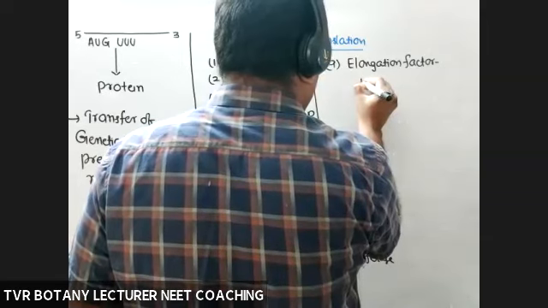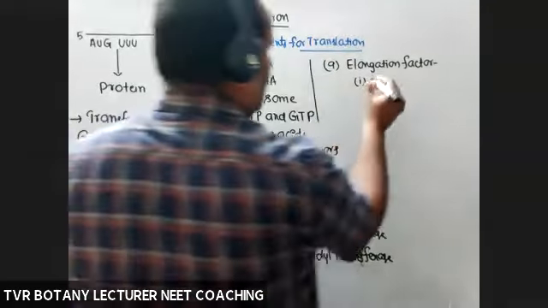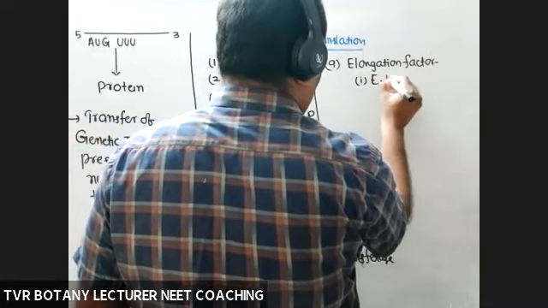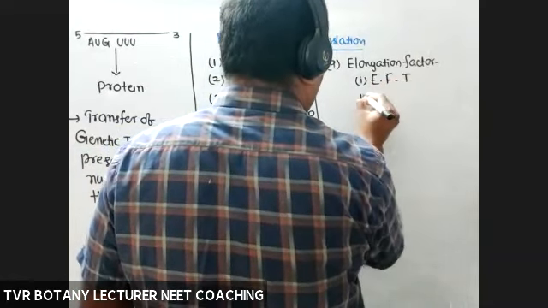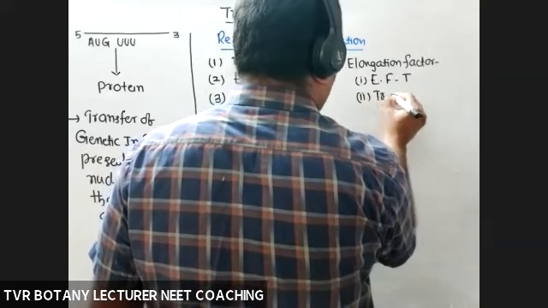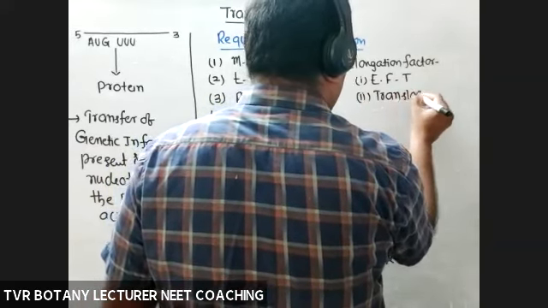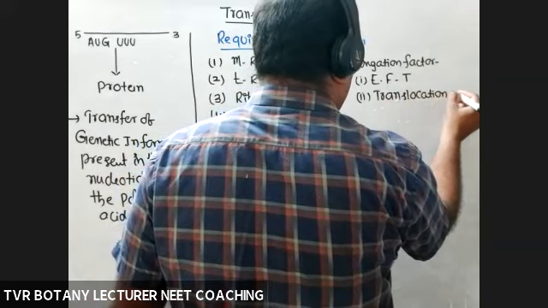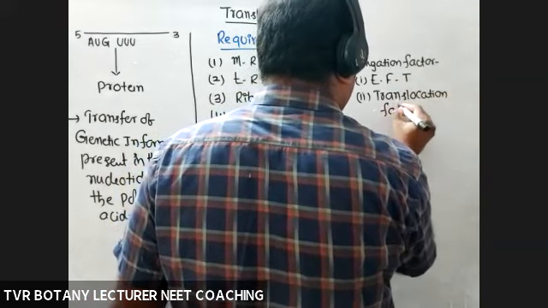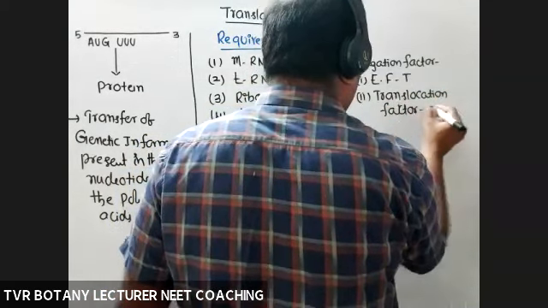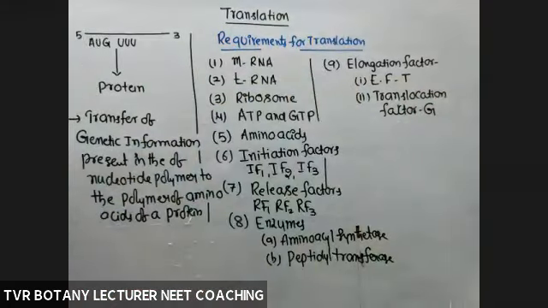One is elongation factor T. Second one, translocation factor, translocation factor G. Okay, so these are the requirements. These are the main requirements, and additionally, we will add more at the time of the mechanism of translation. These are the requirements. Now take them one by one.